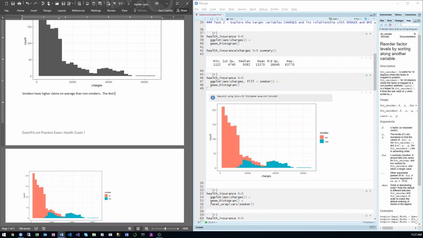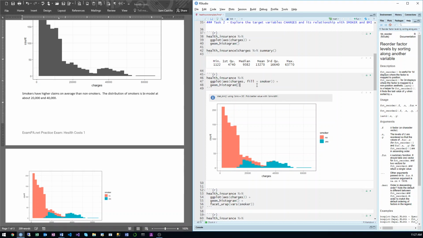The distribution of smokers is bimodal. See how there are two lumps of people right here at about 20,000 and 40,000.